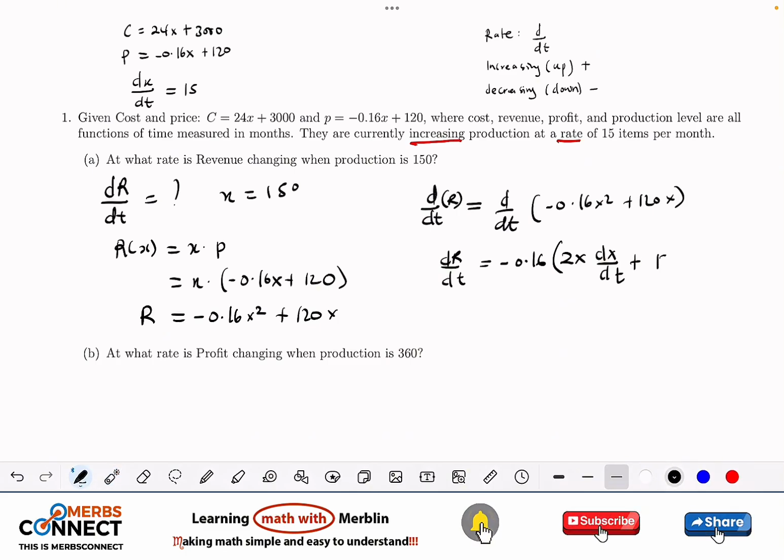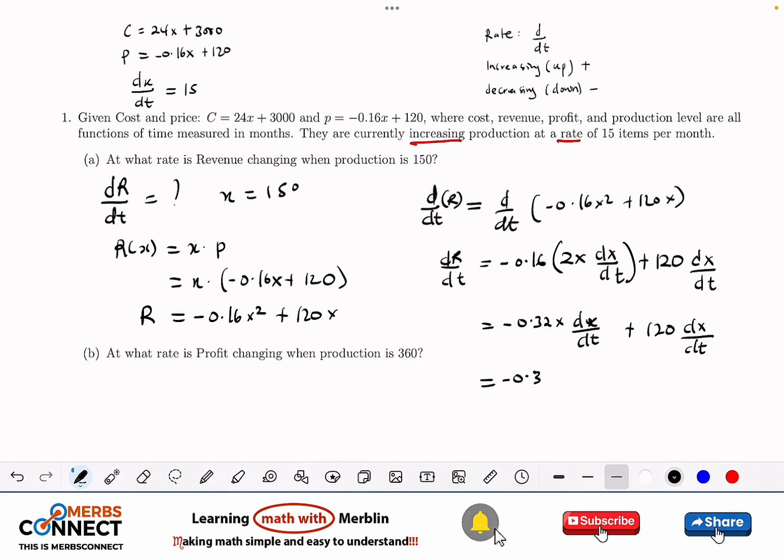Plus, when I differentiate 120x, I factor the 120 out. So let me close the parenthesis here. Then differentiate x. When I differentiate x, what am I going to get? 1. But I need to multiply it by d over dx over dt. So this one will be dx over dt. So this is what I'm going to get. Let me simplify it, and I get minus 0.32x dx over dt plus 120 dx over dt.